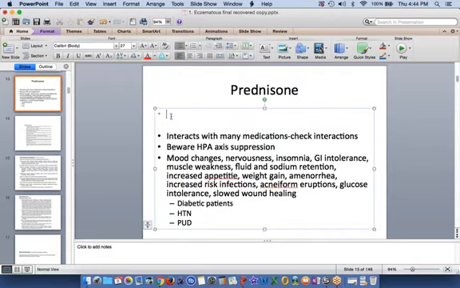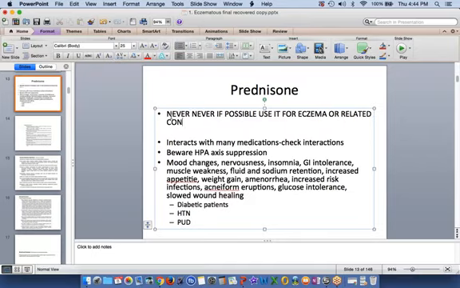Okay, and I'm going to say it twice, never, if possible, use it for eczema or related conditions, including not for psoriasis. And the question is why? Bingo, because if you use it, don't come crying to me, you're going to get a severe rebound effect.